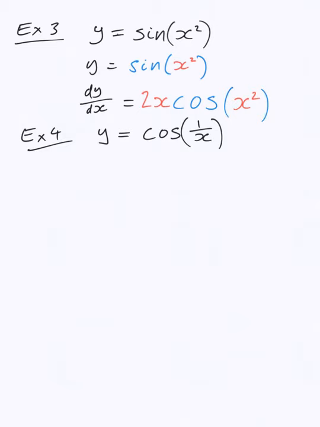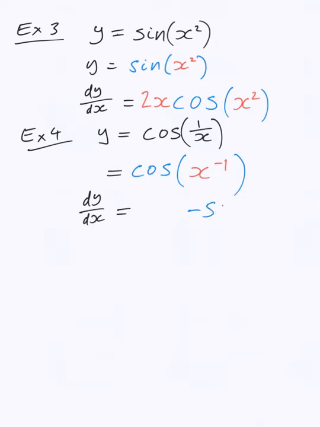Next example, y is equal to cosine of 1 over x. The outer function here, u, is cosine. The inner function v is 1 over x, which we will write as x to the power of minus 1. Now we calculate dy dx with the chain rule. The derivative of cosine is minus sine.